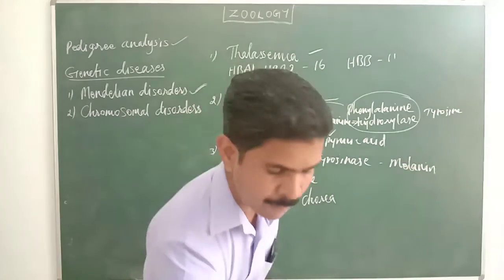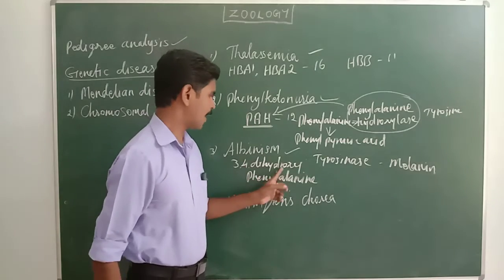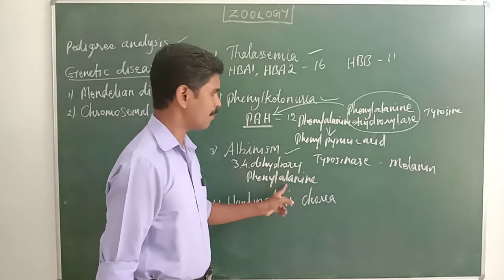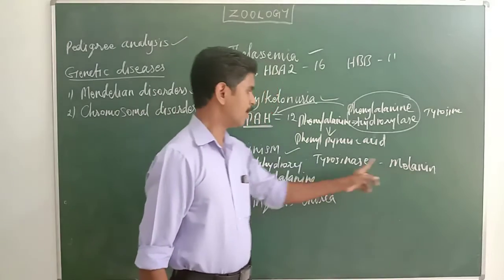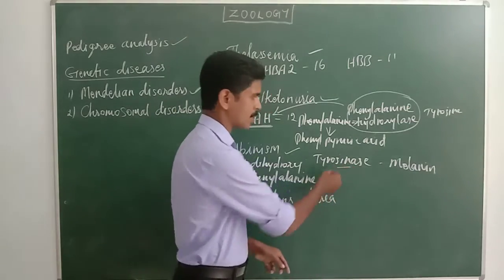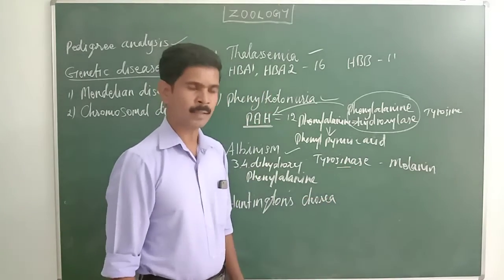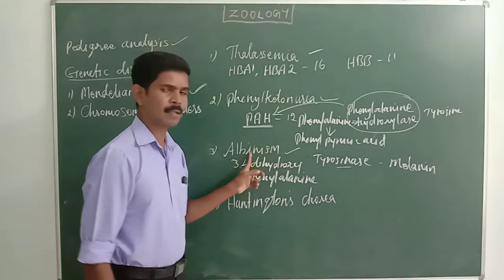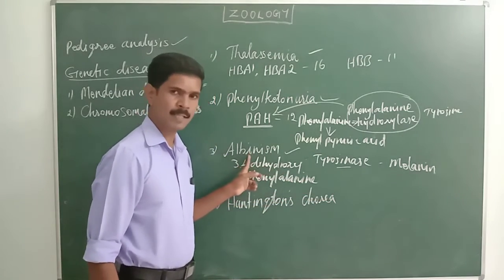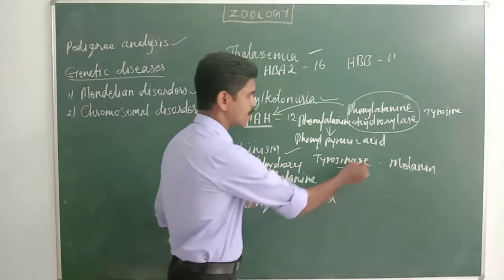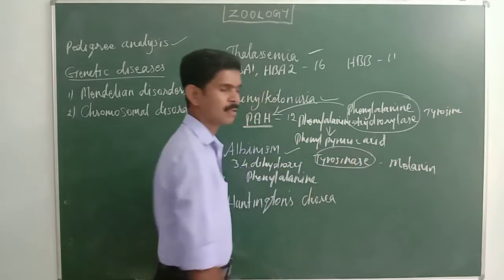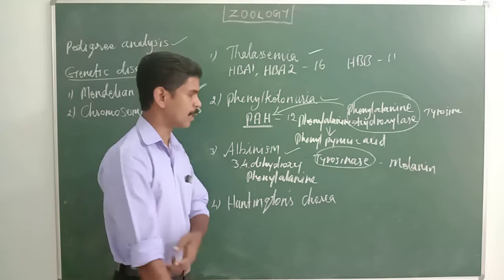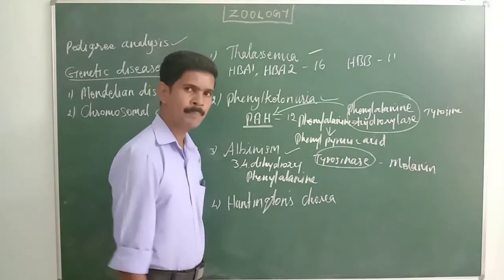So listen very carefully. The 3,4-dihydroxyphenylalanine is converted into melanin with the help of the enzyme called tyrosinase. In albinism, in a person affected with this disorder, the production of the tyrosinase enzyme is completely stopped.